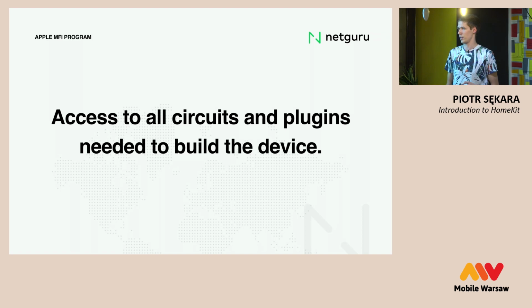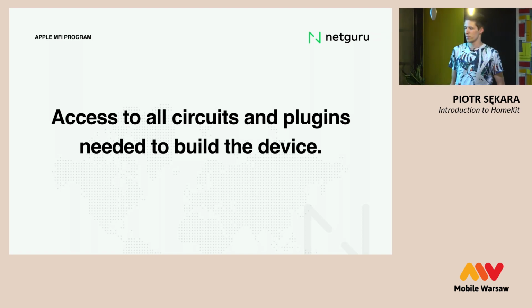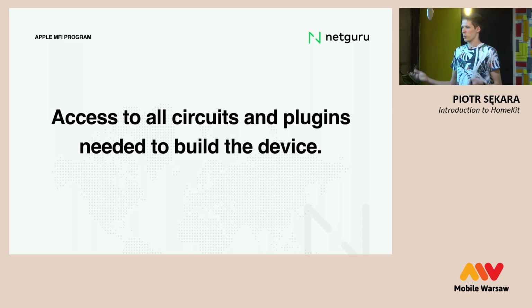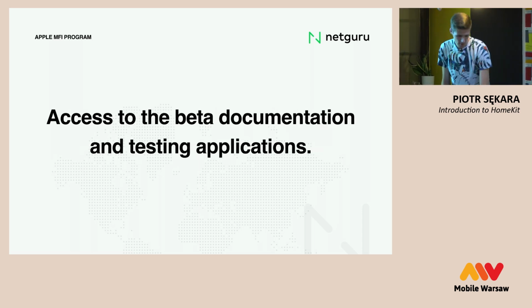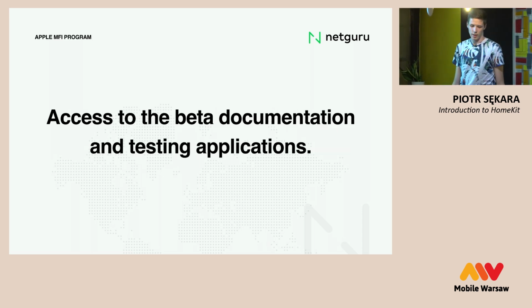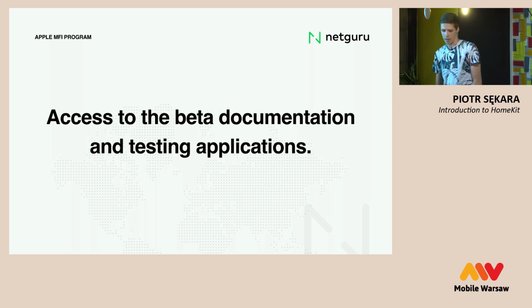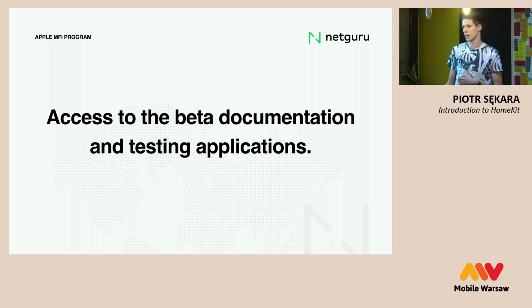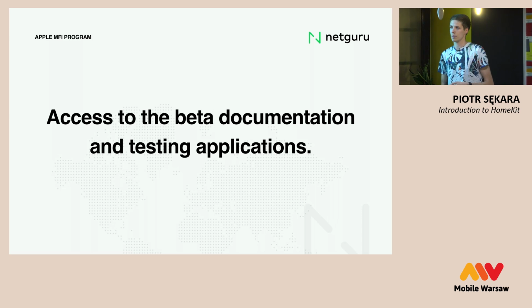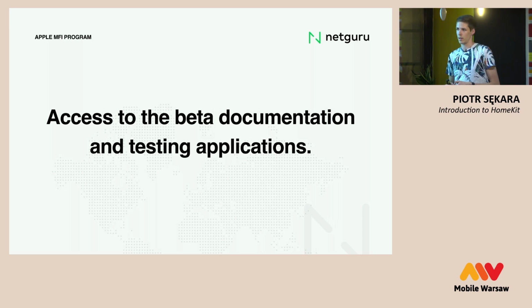And if this document were to leak to the internet, then everyone would know who sent this document. And also with the MFi program, you can get access to the beta documentation and testing applications. For example, you can download an application that is made for testing the authentication process.